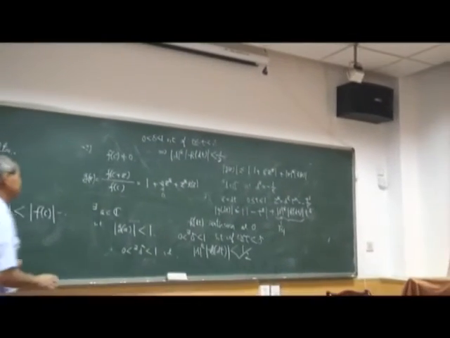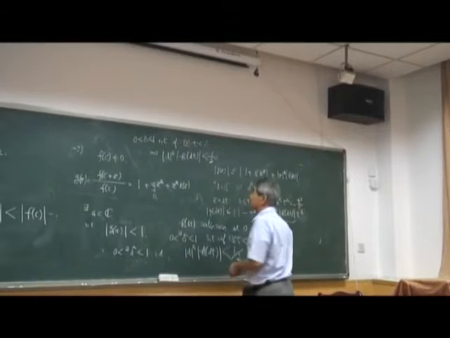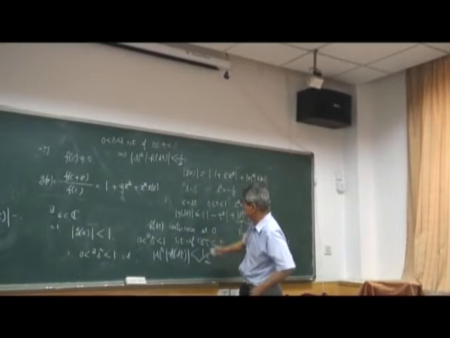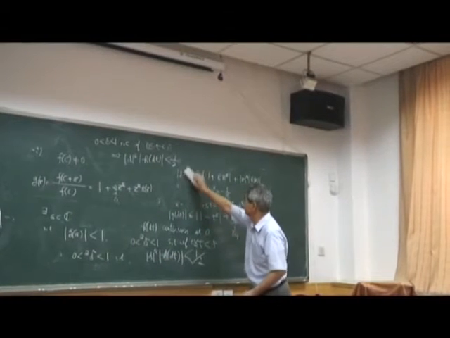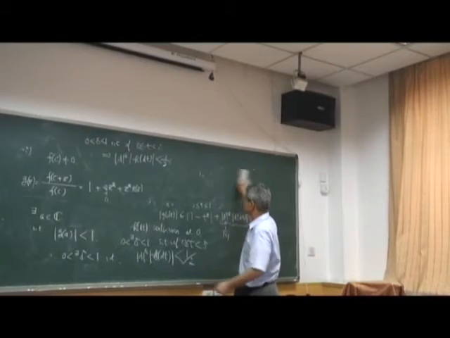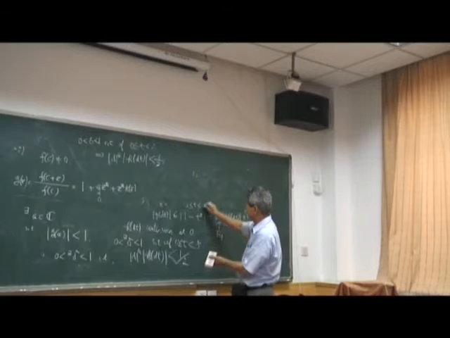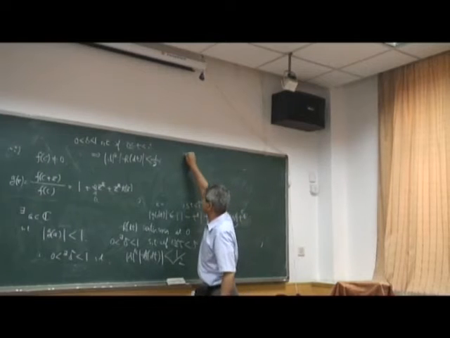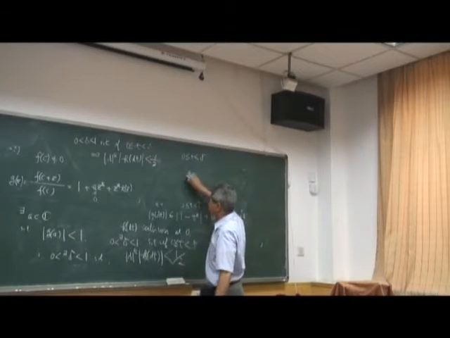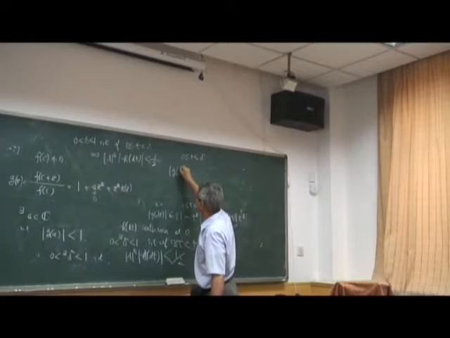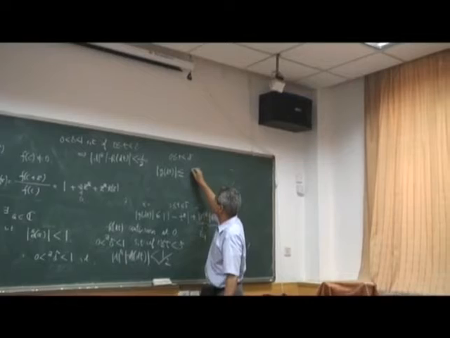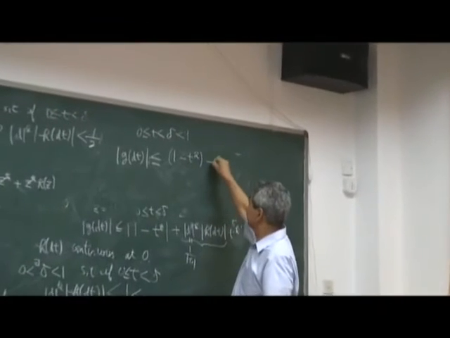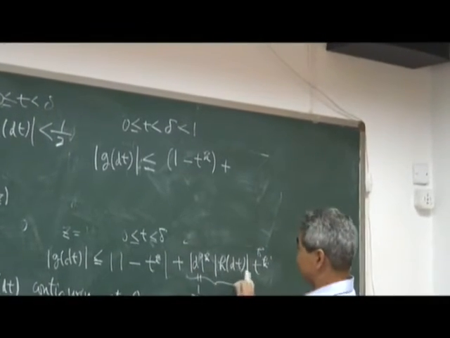Okay. Now, if we choose a delta, then again use this inequality. Now consider here delta. Now this is always less than 1, so. And here, this part is.